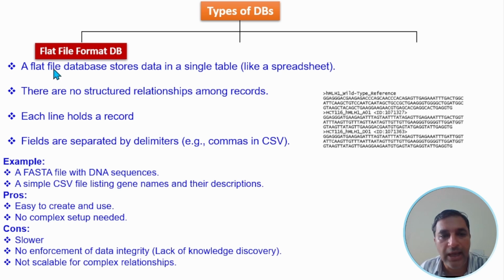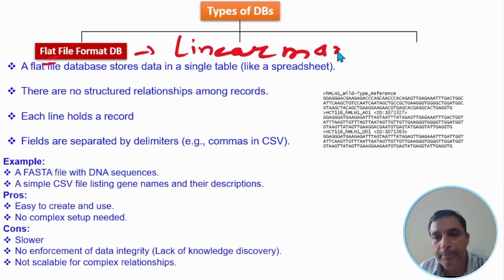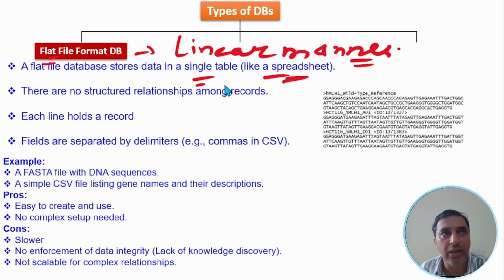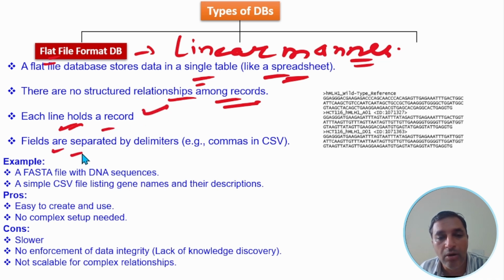A flat file database, as the name indicates, contains information in a linear manner. It contains information in a single table, like the information provided in a spreadsheet. So there are no structured relationships among records, meaning data integration is missing. Each line within a flat file database holds a record. The fields or columns present in a flat file database are separated by tab delimiters.